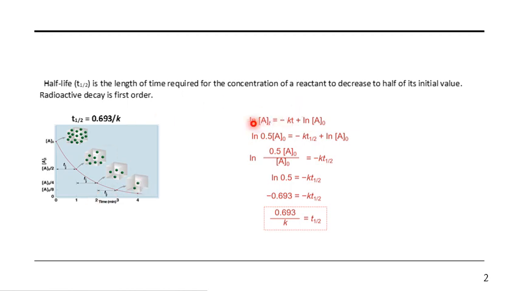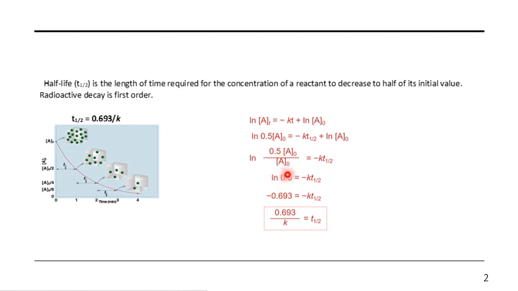For first-order kinetics, we can use the formula log concentration A at time t equals negative kt plus log concentration A0. We can use this formula to derive the half-life formula just by putting in half of the original concentration. The original concentration is A0, so half of that, and then just rearrange, and we can see that log 0.5 equals negative k t half.